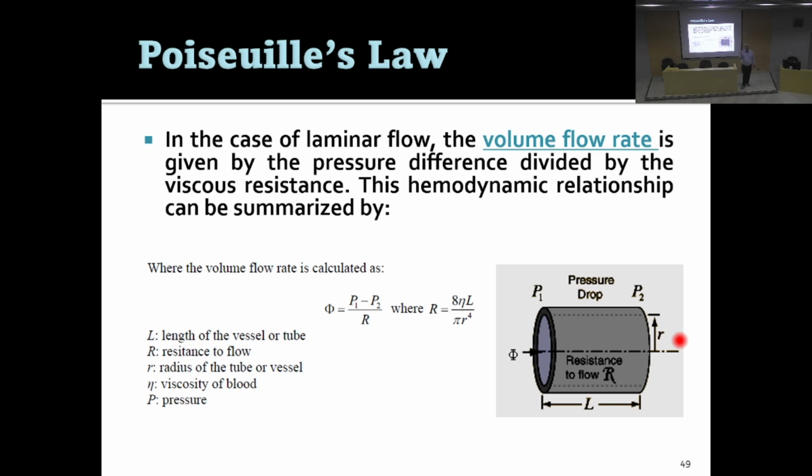I say that as the length is getting bigger, resistivity increases, like electricity. Smaller, less resistivity. In other words, if I keep all those things constant, R is proportional to the L, okay?